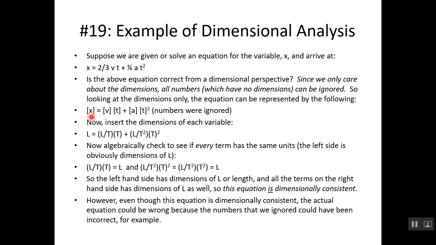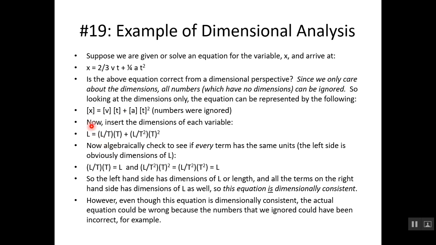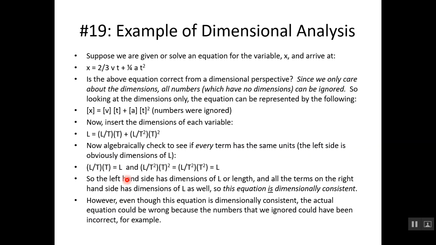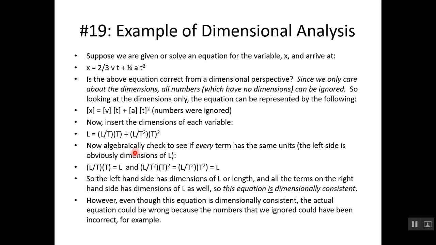So then what you do is after you write this out, you put in the dimensions, so what I wrote here, right? So x is L, so that goes here. v is L over T, so that goes here. t is T. a is L over T squared, so that goes here.